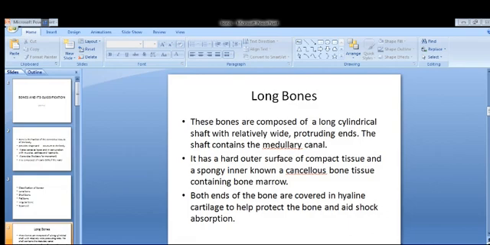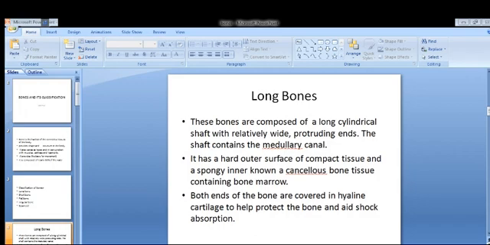That outer surface is formed with compact tissue, which provides the hard outer covering. The inner portion, from where that canal passes, is spongy in nature and is formed of cancellous bone tissue.